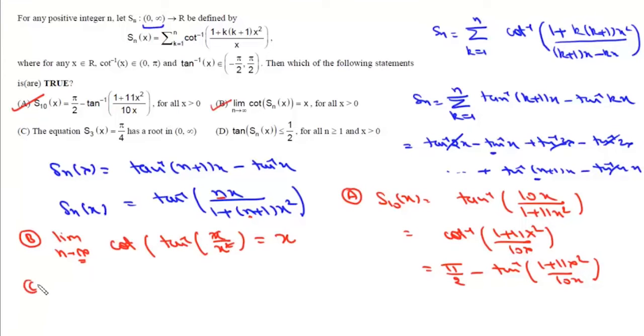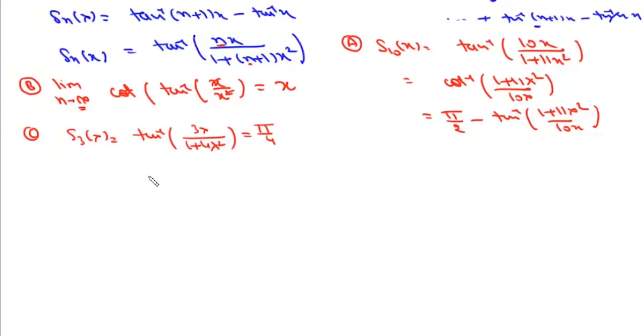Now for this C, it says S3(x) equals pi by 4. Now what is S3(x)? It will be tan inverse of 3x upon 1 plus 4x square, and we put it equal to pi by 4.